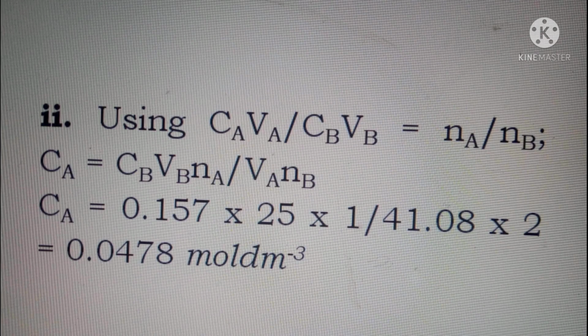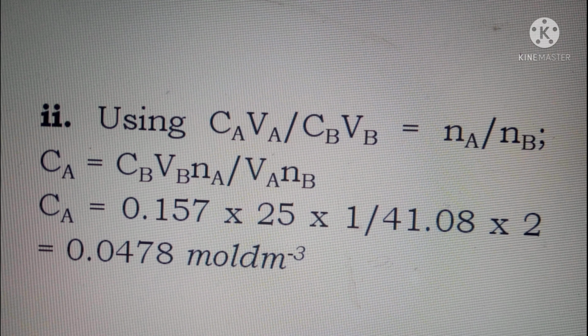II, that is finding the concentration of A in mole per dm³. We use the formula CAVA over CBVB equal to Na over Nb, which is the mole ratio of A and B as provided in the question.